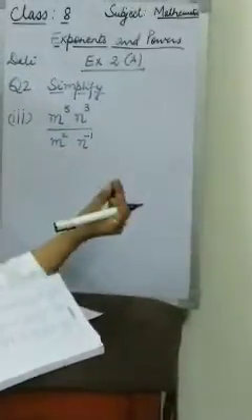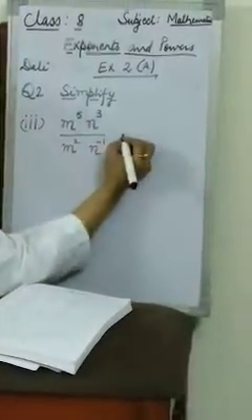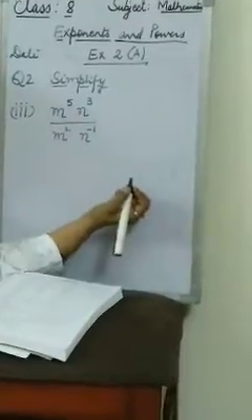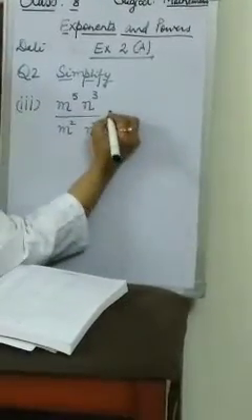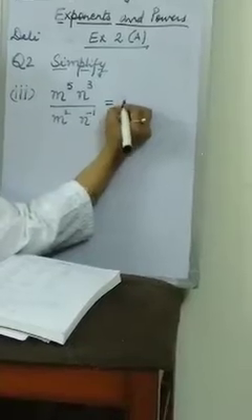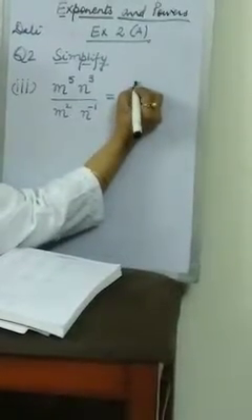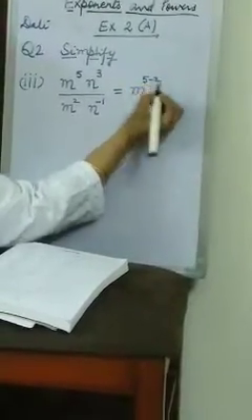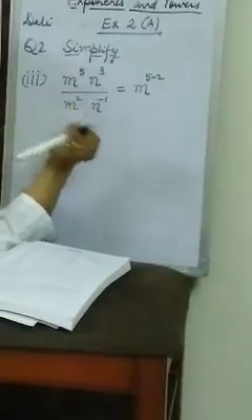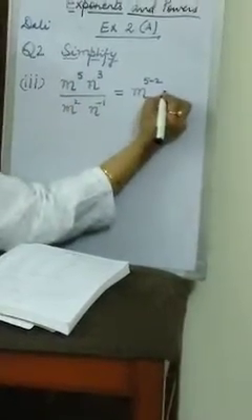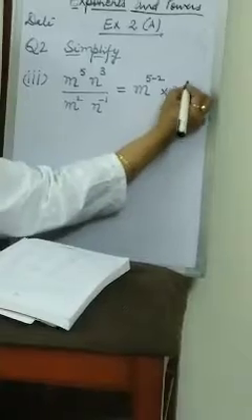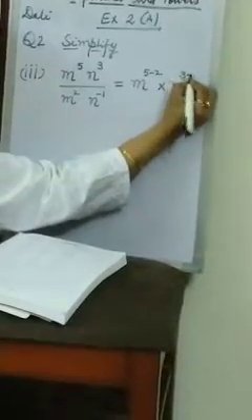So the bases which are the same will be divided. So on division powers get subtracted. So how we are going to write, m to the power 5 minus 2. This will come in the numerator and it will become positive. N will become 3 minus, and the number is already minus 1, so we write negative 1 in the bracket.